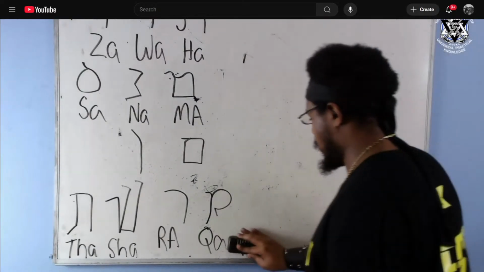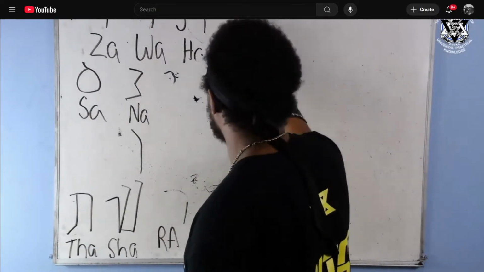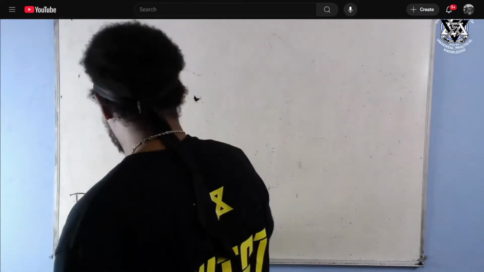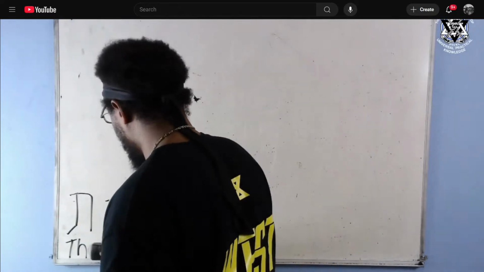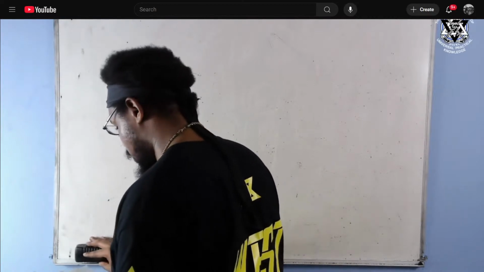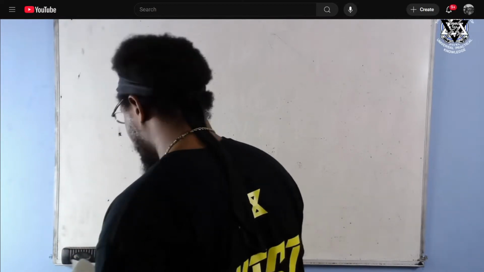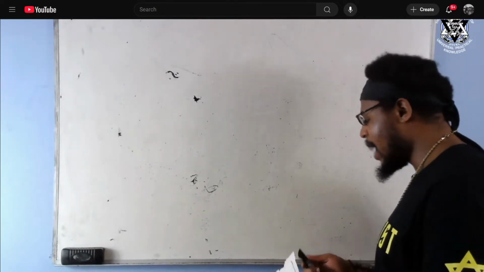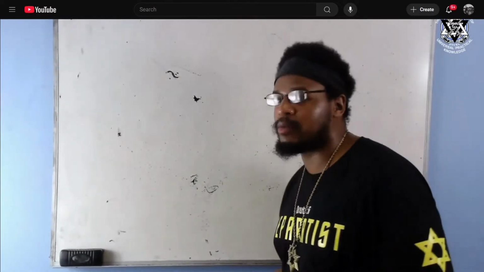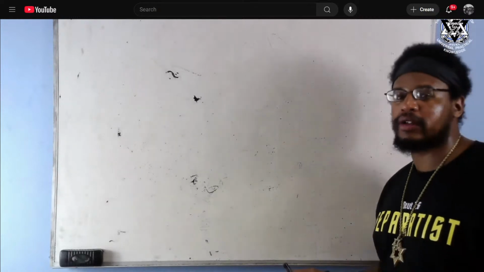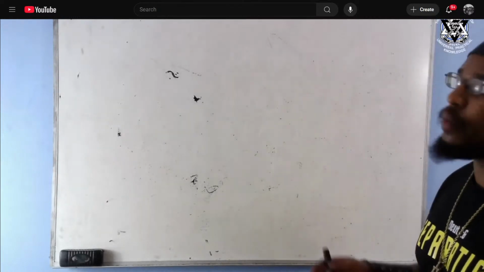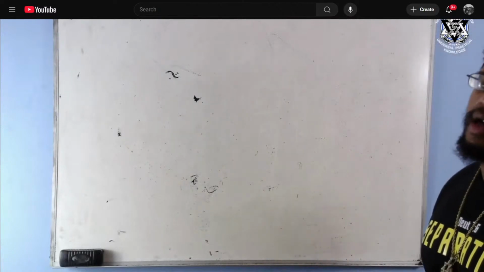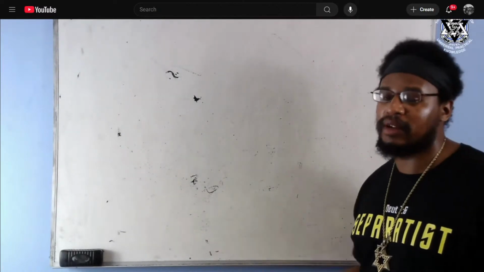Next we're going to get into how, at the beginning of a word, the characters actually have a meaning, the characters by themselves. Some of the characters that we went over, when put at the beginning of a root word, have a meaning.